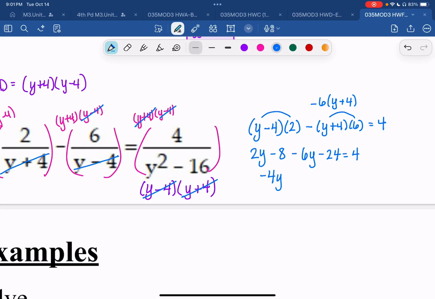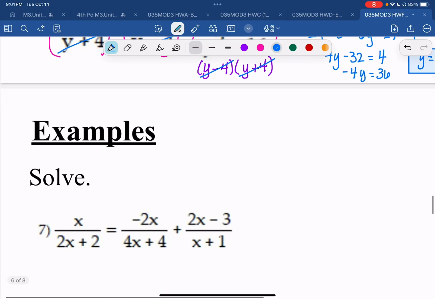I've got minus 8 and minus 24, so that leaves me with a negative 32. I'm going to add that, so plus 32 to 4 leaves me with 36. Then I'm going to divide by that negative 4, so I get y equals negative 9. And again, that does not give me a 0 in my denominator, so I'm still okay.